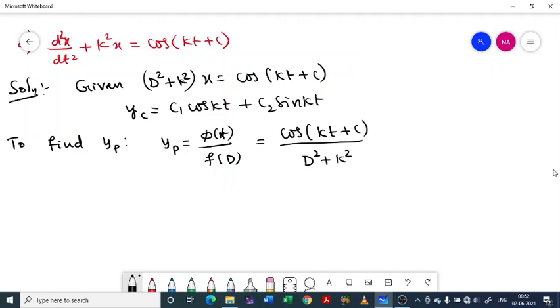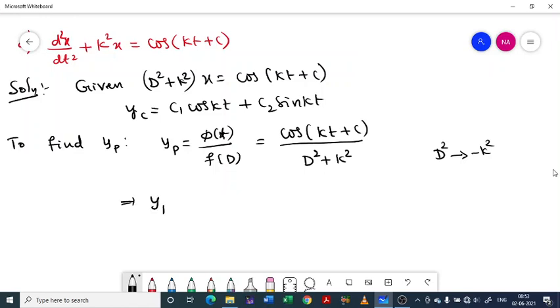Now if you replace d square by minus k square, you get 0, right? Minus k square plus k square, you get 0. So you cannot replace and get the solution. So what you have to do instead is differentiate the denominator.